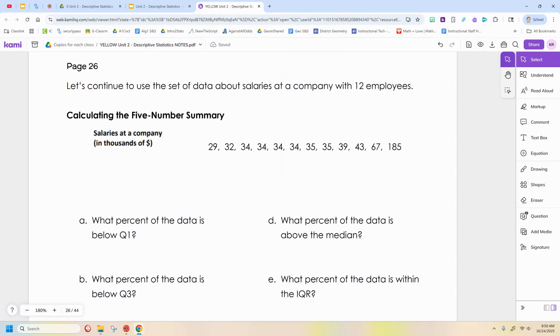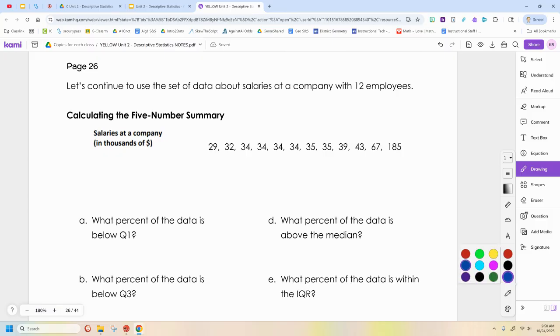We obviously can do all this stuff in our calculator, but it's good to understand where the numbers come from. So remember, if we have 12 pieces of data, there's no number in the middle, right? So we would divide that into a pile of 6 and another pile of 6. All right, so let's go find the middle of the data.